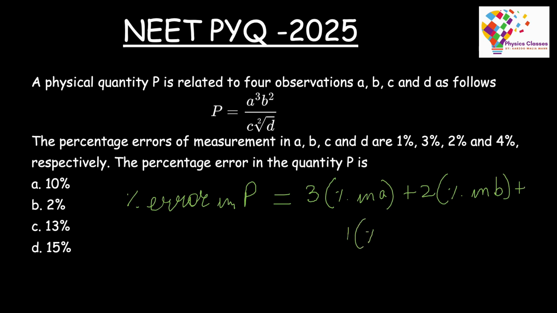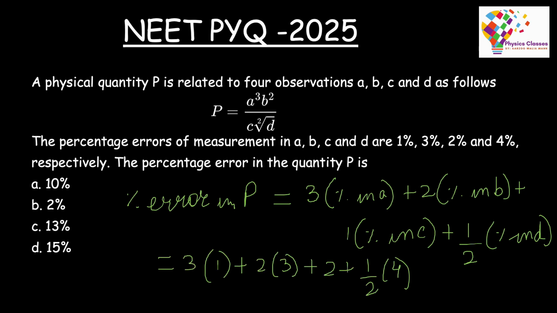So the percentage error in D has to be multiplied by half, as half is its power. So the total percentage error in P will be 3 times 1 plus 2 times 3 plus 1 times 2 plus half times 4. If I add all of these, I get a total of 13%. So it's a very easy question, and 13% is my answer here as expected.